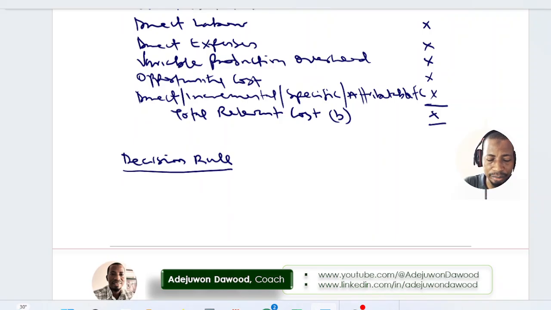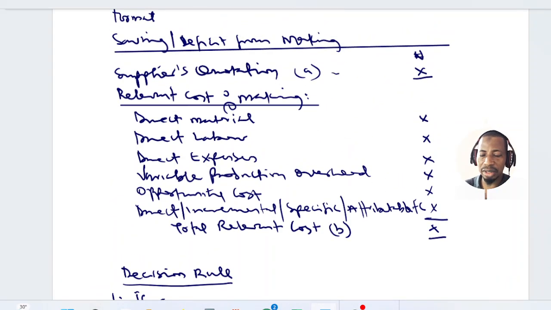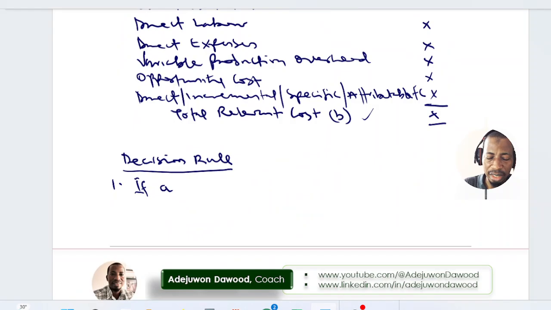Number one, if supplier's quotation is A, and relevant cost of making the component is B, therefore, if A is greater than B, that is, if supplier's quotation is greater than the relevant cost of making the component, your decision should be that the component should be made.